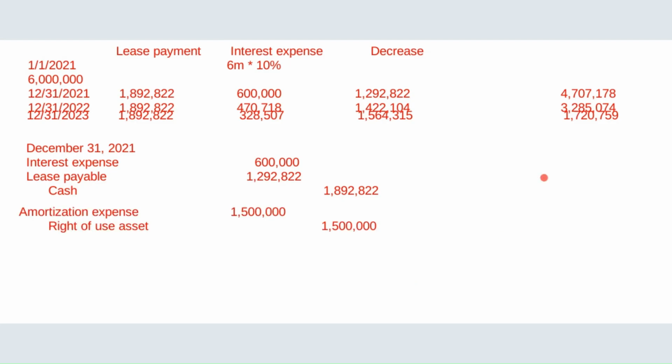Okay, so it looks like this. Everybody can see this? All right. So for December 2023, what are we going to debit? What are we going to credit?